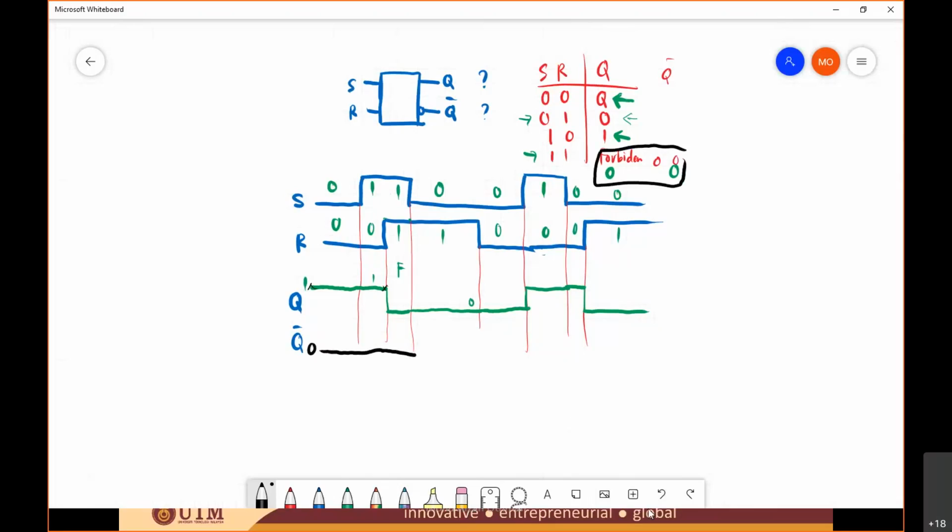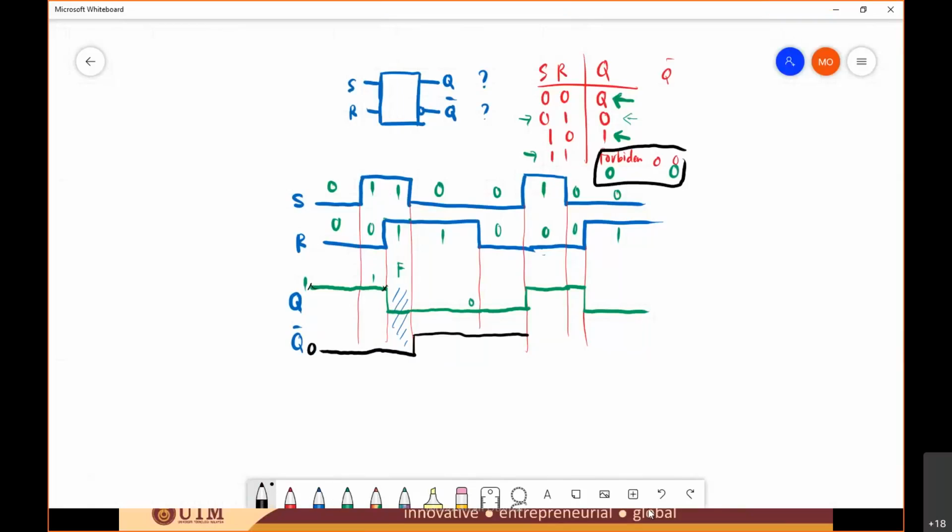Okay, bila S1, R1, your output Q is kosong, kosong. So this one is forbidden. Okay. So this region is a forbidden punya region. Okay, and then next, what happened here? So output Q kat sini from here to here is kosong, so you need to complement, so it will become 1.